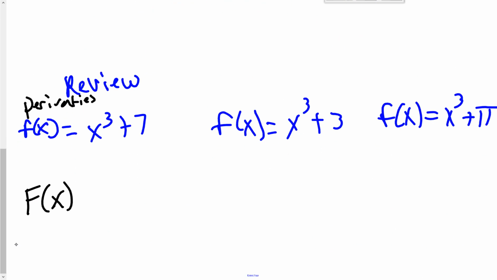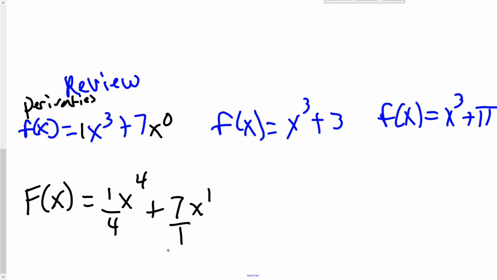So here, we're going to add 1 to our exponent, and then that's what we're going to divide the coefficient by. So 1 divided by 4. And then we're just going to add 1 to the exponent. The exponent here is actually 0, so it'll become 1, and that's what we're going to divide by. And so that one we could just leave off. So the antiderivative is 1/4 x to the 4th.